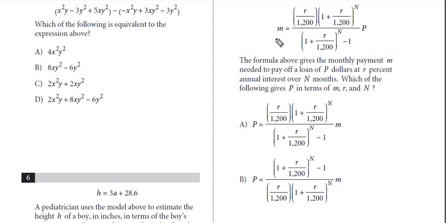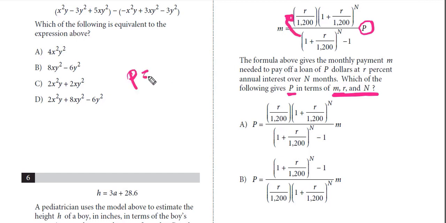In number 4, he gave me m is equal to a quantity up over a quantity down times p, and all answers have b. Then this question is about writing p in terms of m, r and n, so you must isolate p on one side. Then you will multiply by the reciprocal of this quantity.